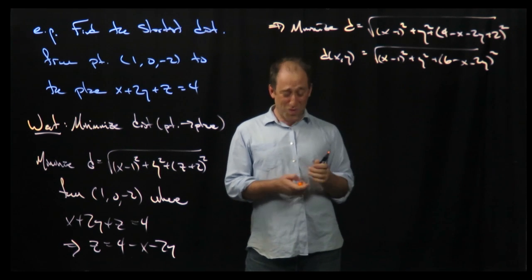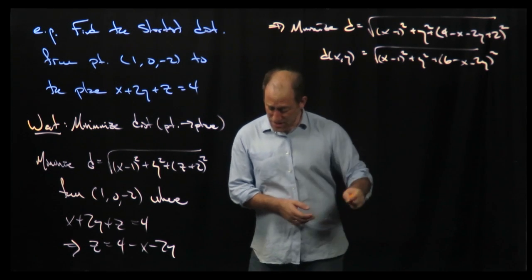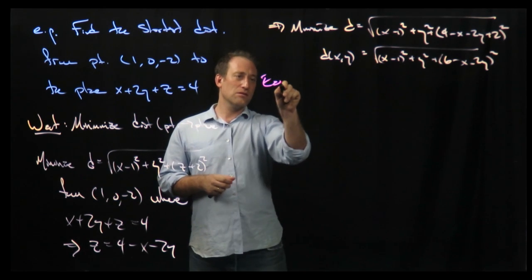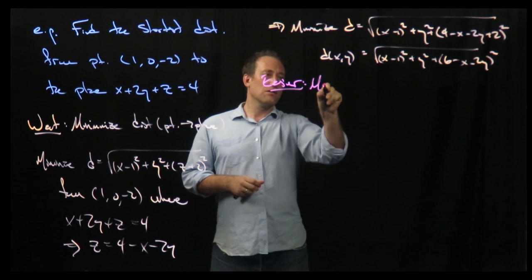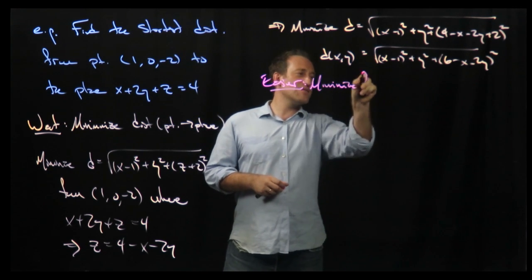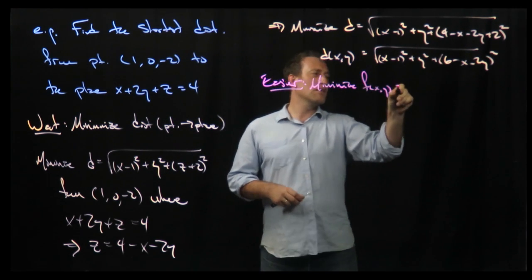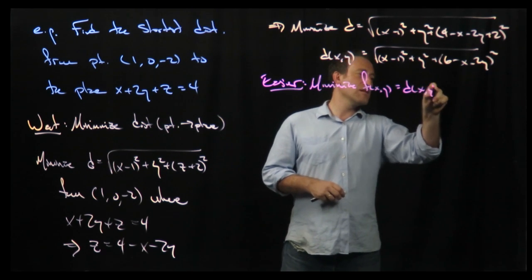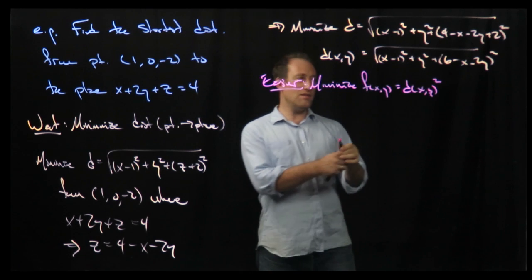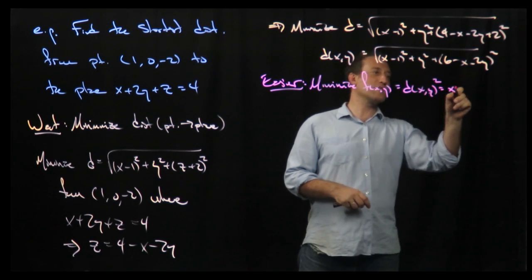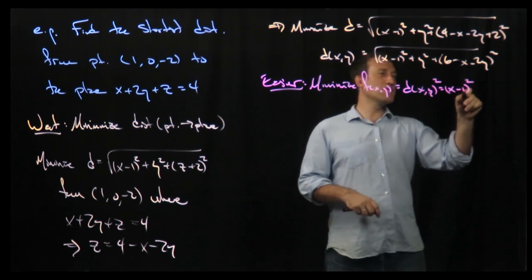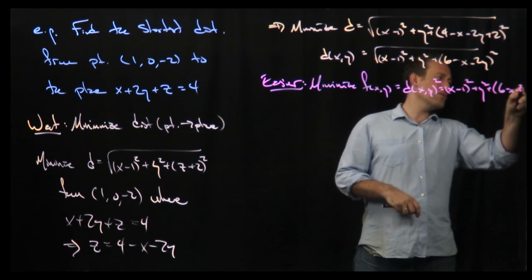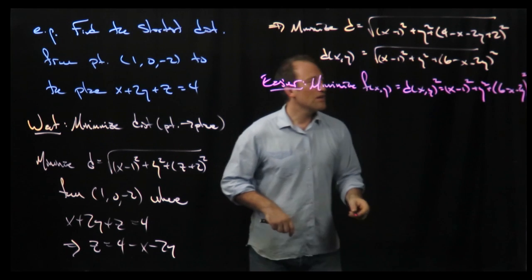That square root's rather gnarly, so it actually suffices, or is easier, to minimize, say, f of x y, which will be d of x y squared, namely everything without the square root. x minus 1 squared plus y squared plus 6 minus x minus 2y squared.